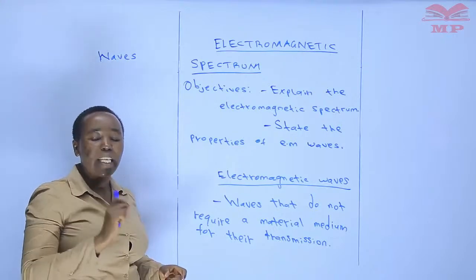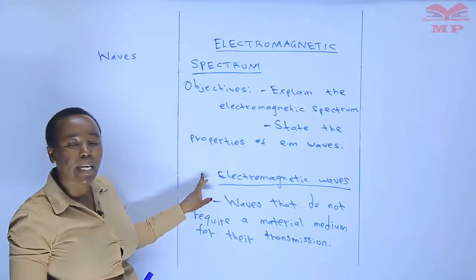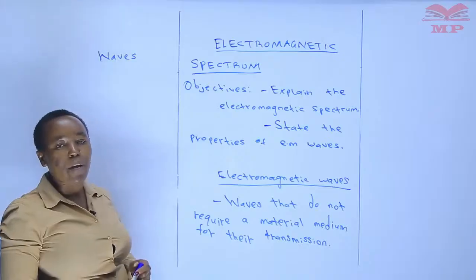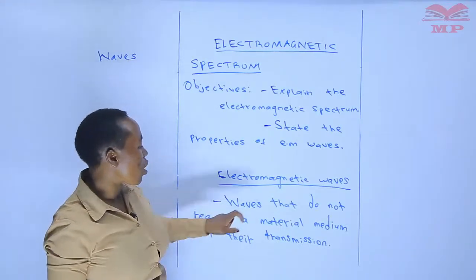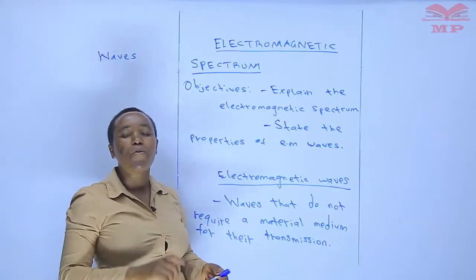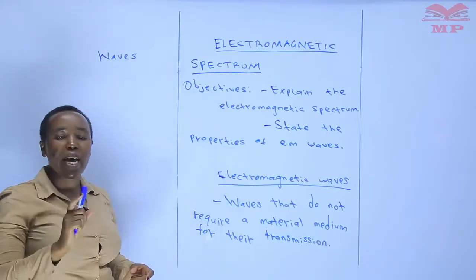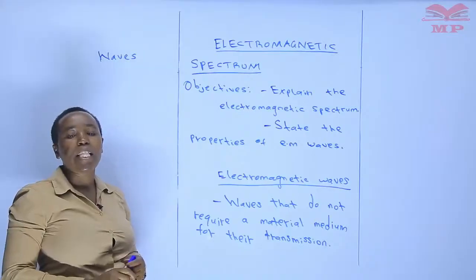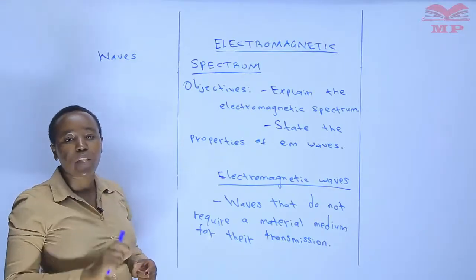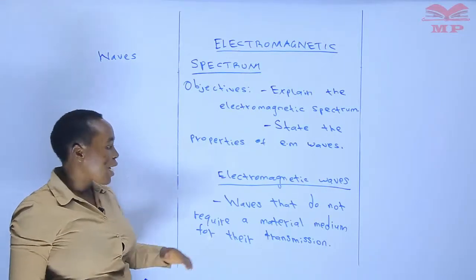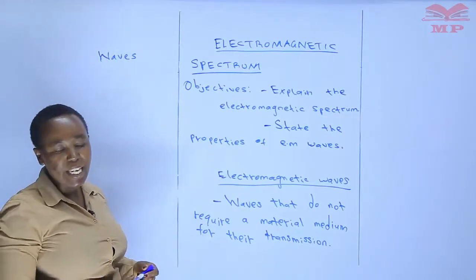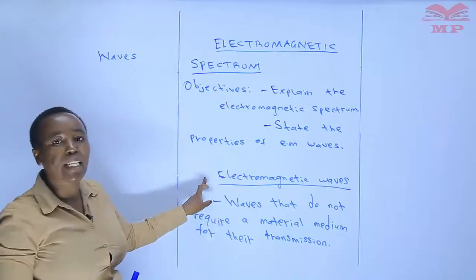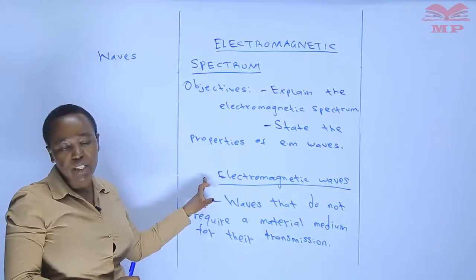One of the major differences between them is that electromagnetic waves do not require a material medium for their transmission, whereas mechanical waves require a medium for their transmission.